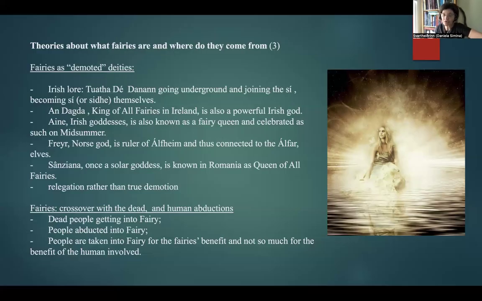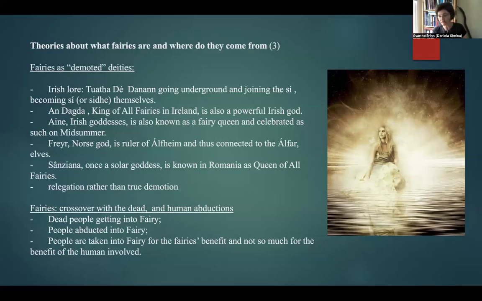The fact that they're joining the sídhe points to the fact that there were already fairy beings existing in the landscape, dwelling there. So the Tuatha Dé Danann, this mythical race of the gods of Ireland, move in to join the existing sídhe, and they become sídhe themselves.